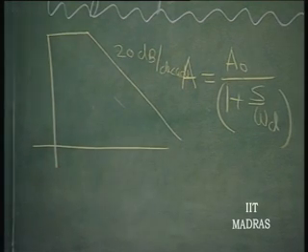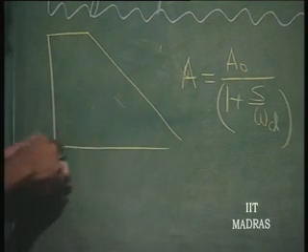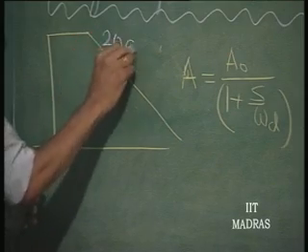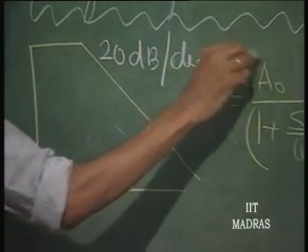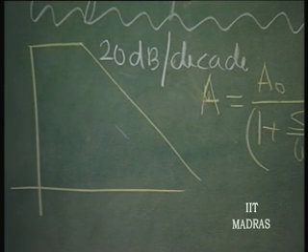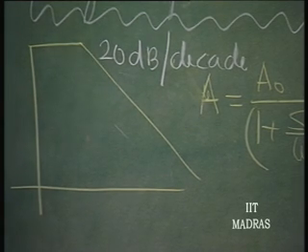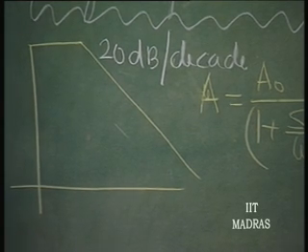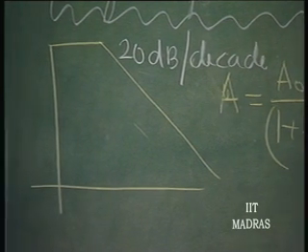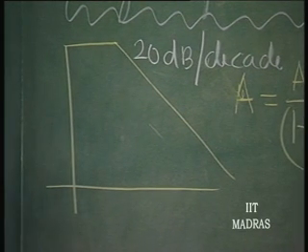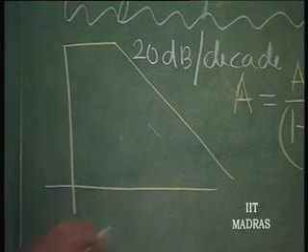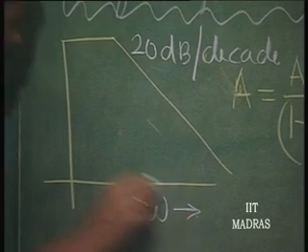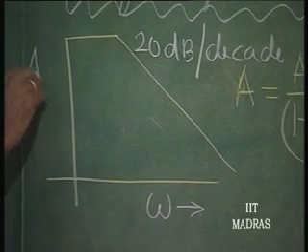This is important. 20 decibels per decade because of a single pole. If the second pole comes into picture, it will start dropping off at 40 decibels per decade. If a third pole comes into picture, it will drop off at 60 decibels per decade. That is why this is omega versus the magnitude of A.